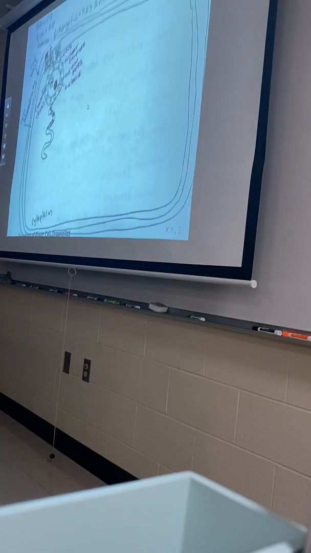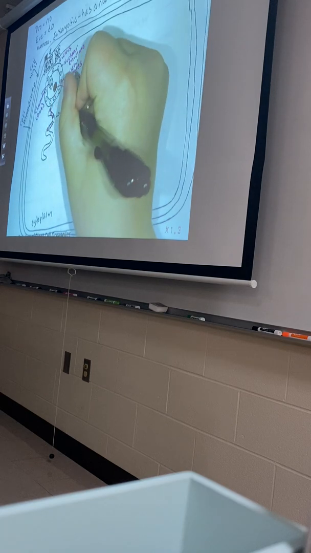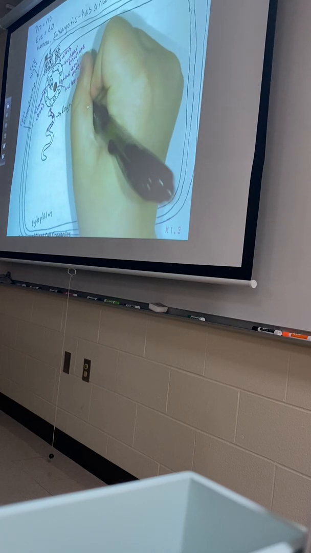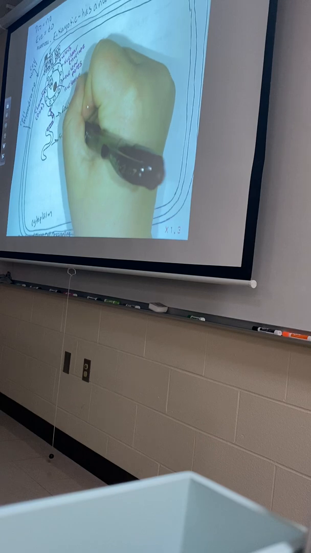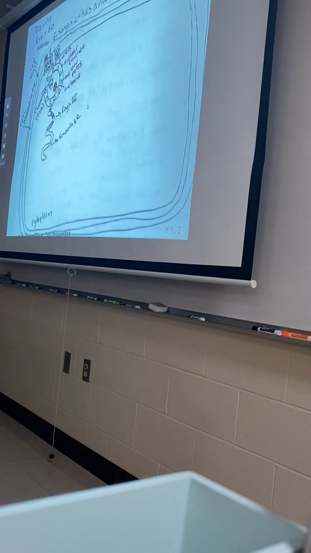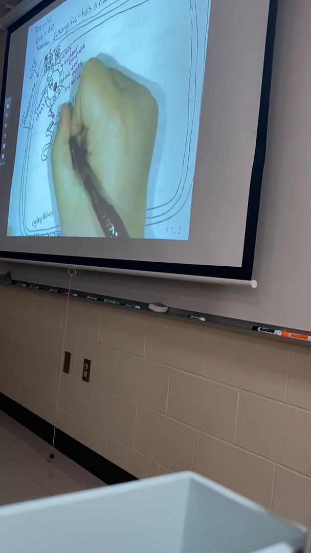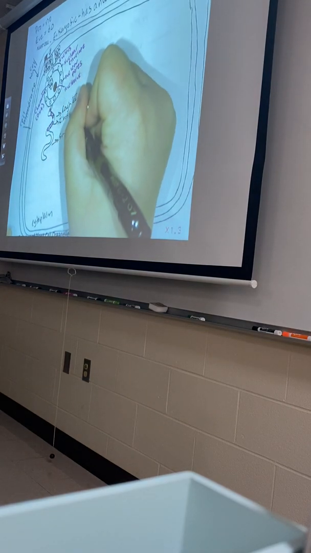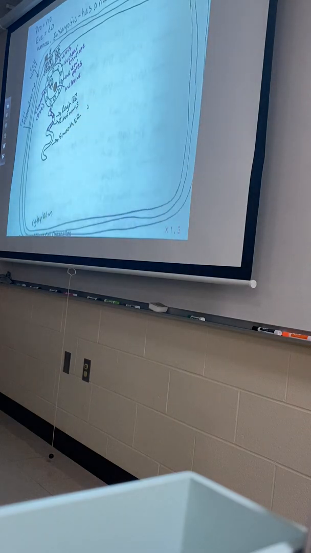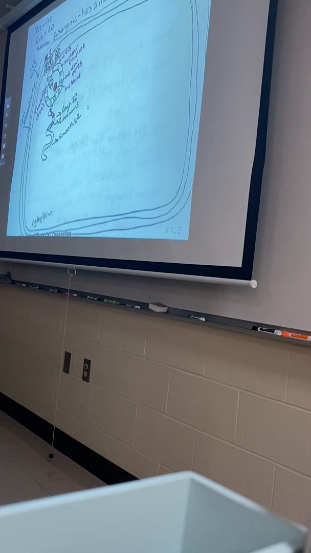So we have rough ER and we have the smooth ER. And these things are called ribosomes. The rough ER and the ribosomes both make proteins because both are made of RNA, and RNA is the protein maker from the DNA instructions. Okay?